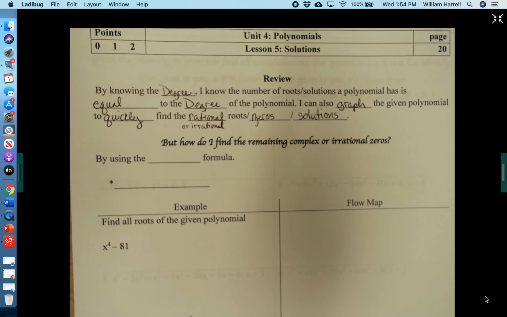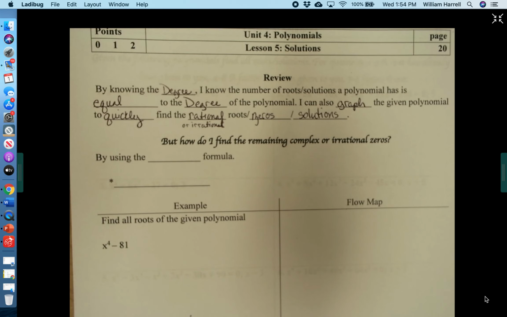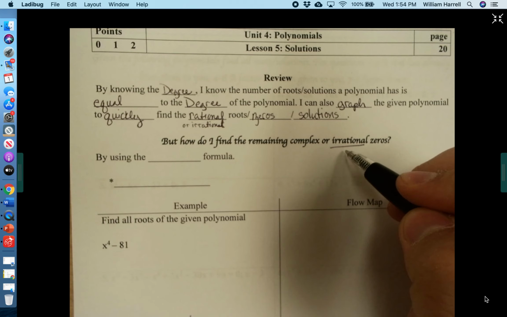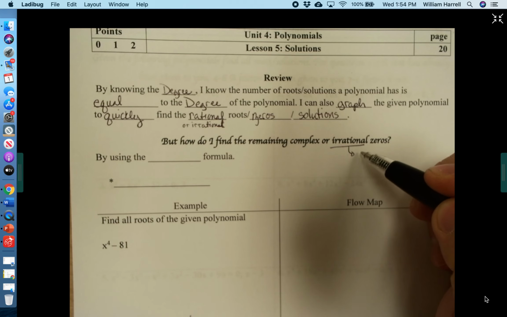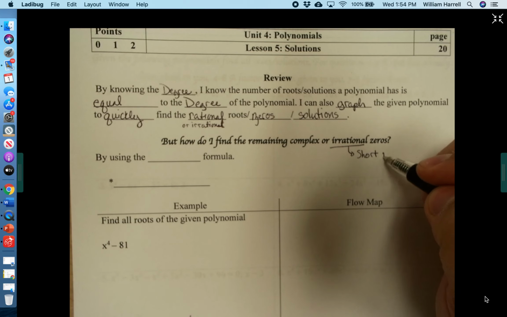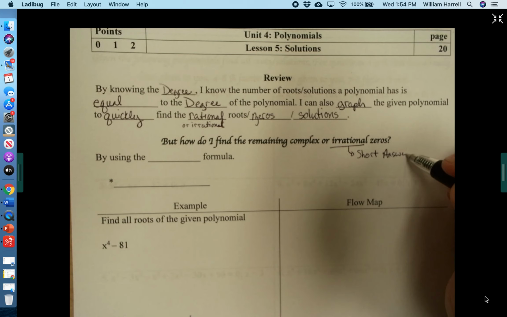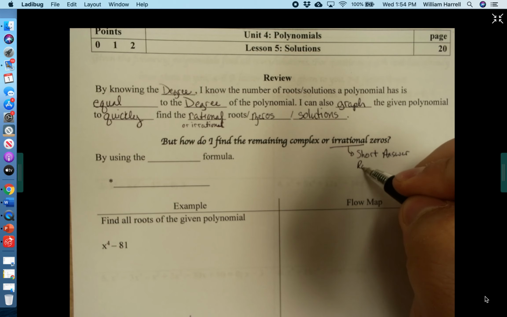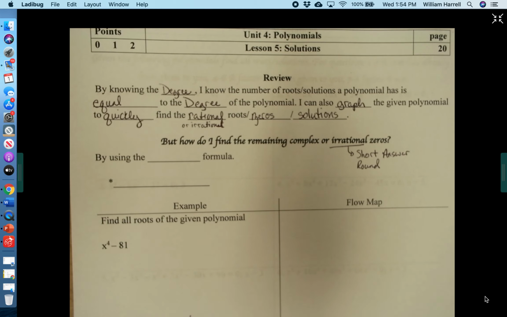Once you do all of that, you're going to be left with a quadratic 9 times out of 10, and you'll have to find the remaining complex or irrational zeros. This is going to be for your short answer questions, and they're going to tell you to round to like 1 or 2 decimal places.